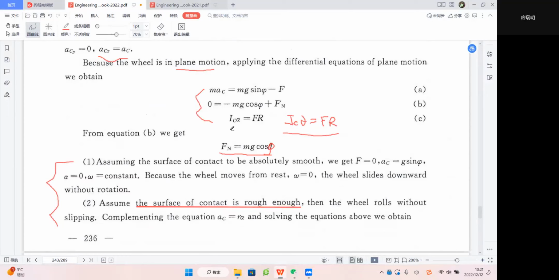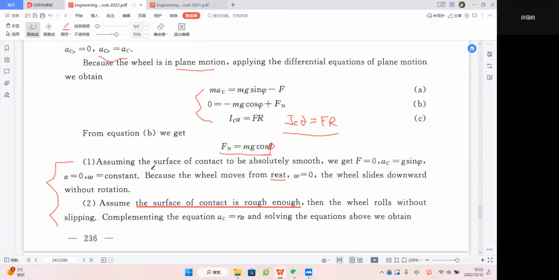That means this wheel will have no rotational motion component, right? And here F also is 0 means our a_C will just equal g sine phi, right? And alpha equals 0 and omega will always be constant because it starts from rest, maybe it's always 0, right? Because the wheel moves from rest, 从静止开始运动, right? So the wheel just slides downward without rotation.